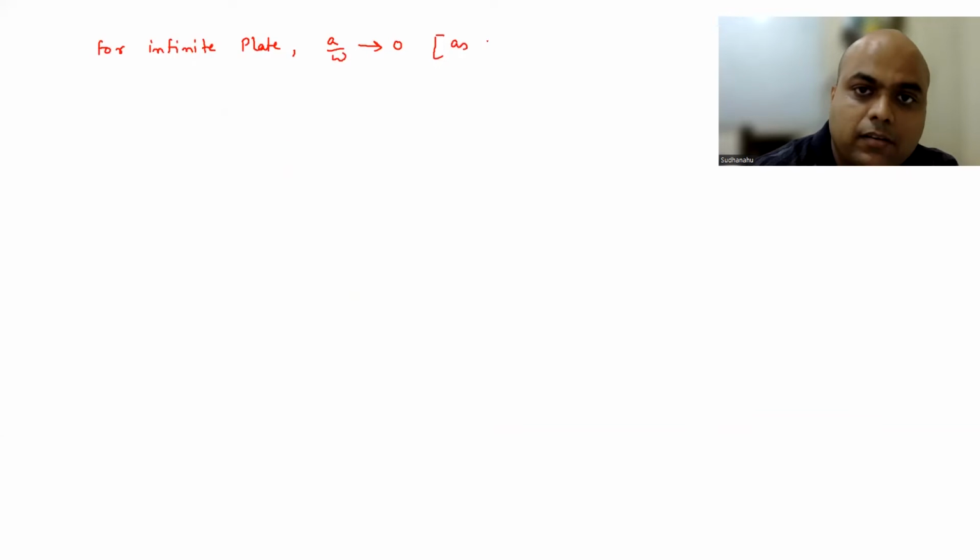Okay. So if I plot, for infinite plate, for all practical purposes, A by W tends to 0 as W is much higher than A, right? And if you remember, this was the definition of infinite plate.